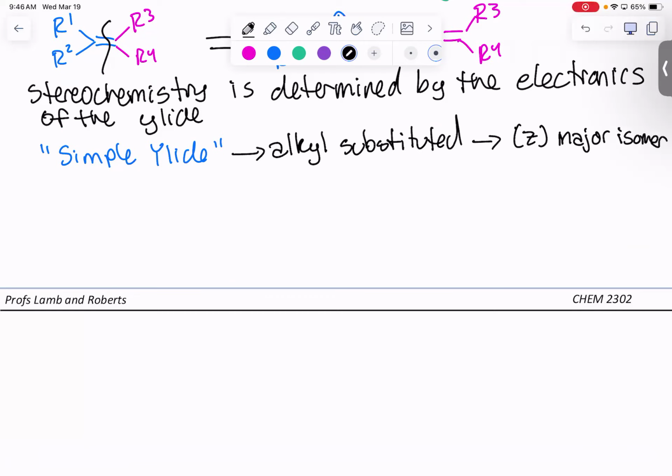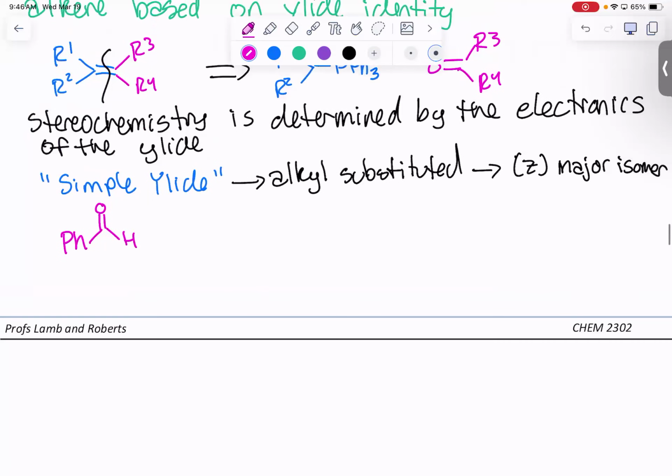I'll give you an example of that. Let's start out with benzaldehyde as our source for two of the carbons. We can see hydrogen and phenyl are going to end up as either R3 or R4. And how are these going to be bound? Now let's take a look at an ylide, as I said before, that's alkyl substituted.